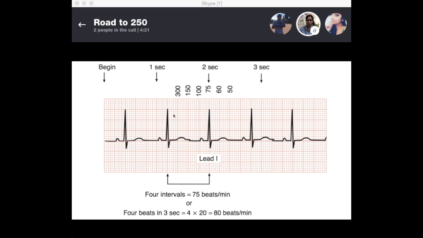Every 4 intervals is 75 beats. The ECG shows a guide where it goes down from 300 to 150 to 100 to 75, which is where the next R point is seen. And so this ECG would show a heart rate that's normal, between 60 and 100.